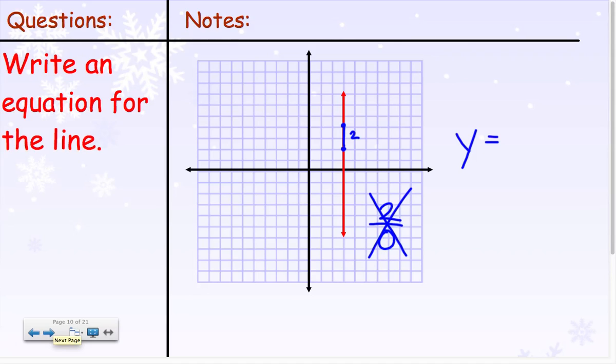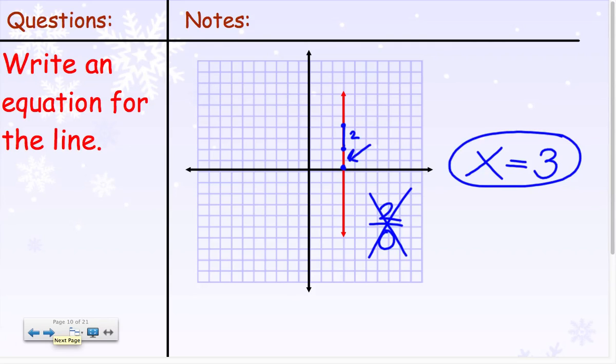And then my line crosses the y-axis. Well, it doesn't cross the y-axis. Which axis does it cross? It crosses the x-axis. So this one's a little tricky. We're actually going to write x equals, and then my line crosses the x-axis right here, which is positive 3. So my equation is x equals 3.